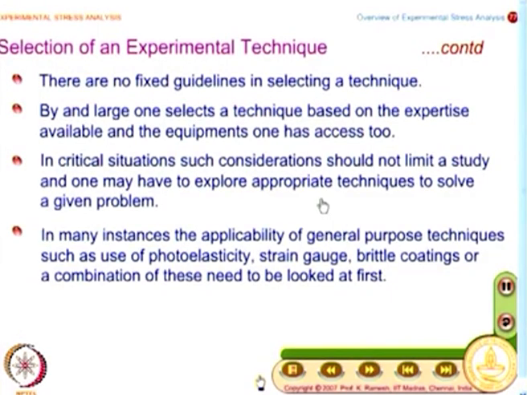They are also very fast, very simple to do, and you have reasonable expertise available to employ these techniques comfortably. So, the first step in the general guidelines is to look for general purpose techniques, whether they could be employed to solve your problem.